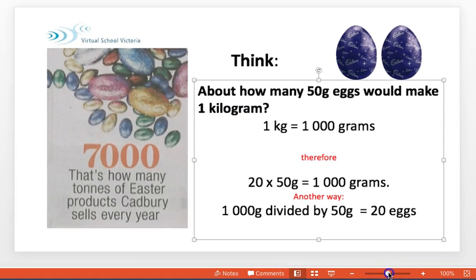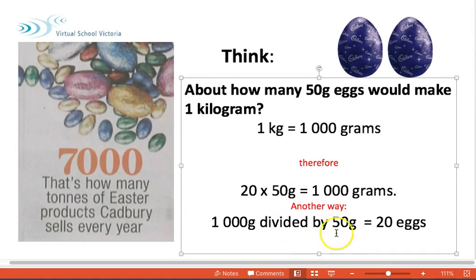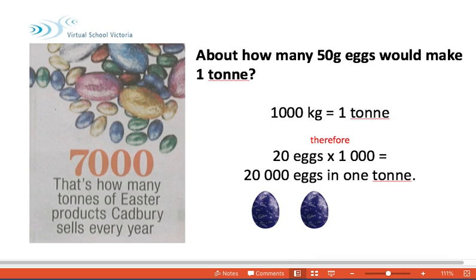So we've worked out here two ways of doing it. We've got 1,000 grams, and if we divide it by 50-gram eggs, we have 20 eggs in a kilo. And we can do estimation. So there's lots of different ways to do that. Now, we have to think about how many 50-gram eggs would make 1 tonne, and 20 eggs, which is in a kilogram, times 1,000 kilograms will give us 20,000 eggs in 1 tonne.